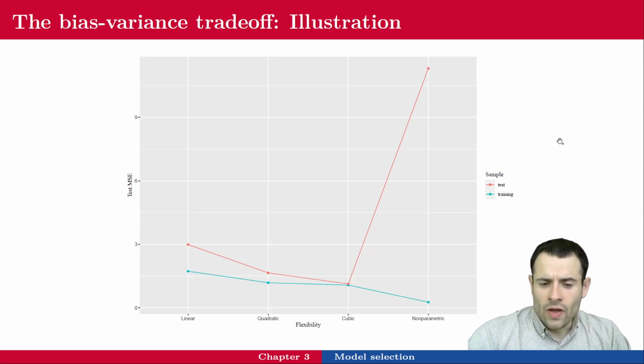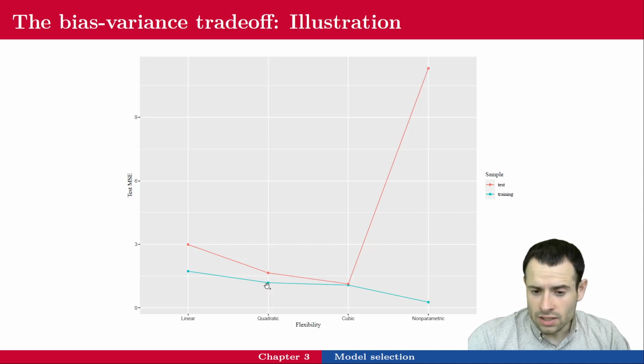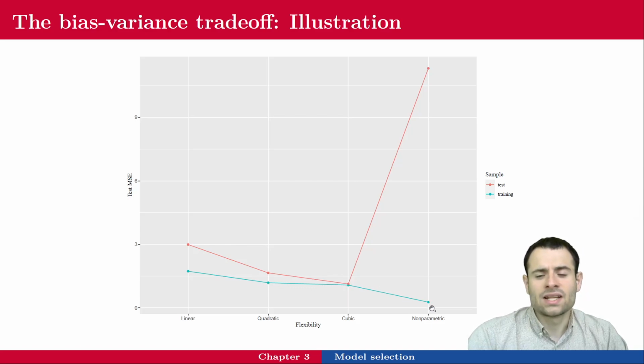Note that the MSE of the training dataset decreases monotonically as I increase the flexibility of my statistical model. The more terms I use, the better I am at predicting the data. And this is where overfitting comes in.